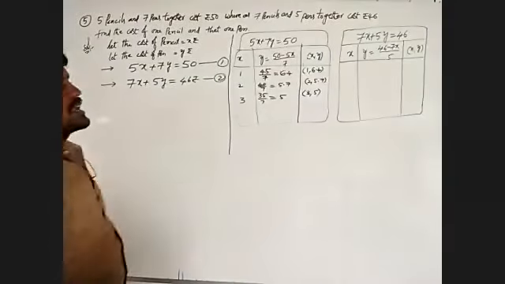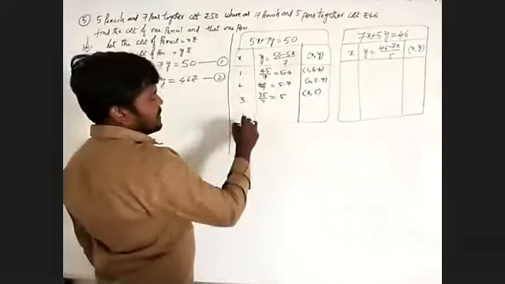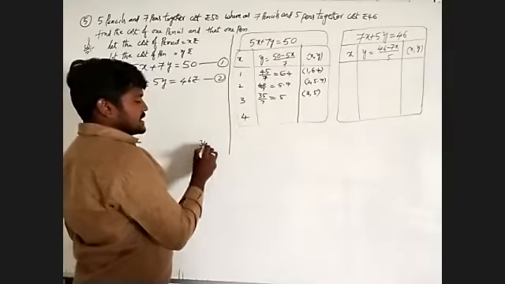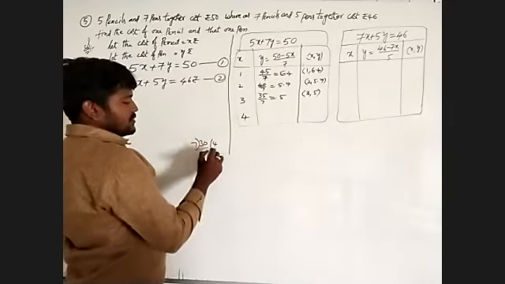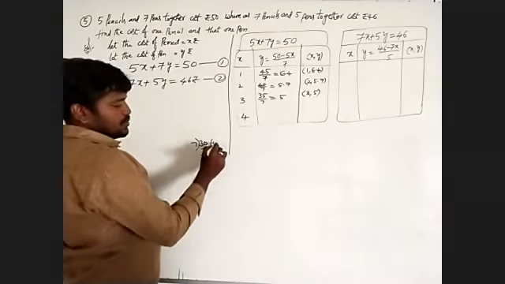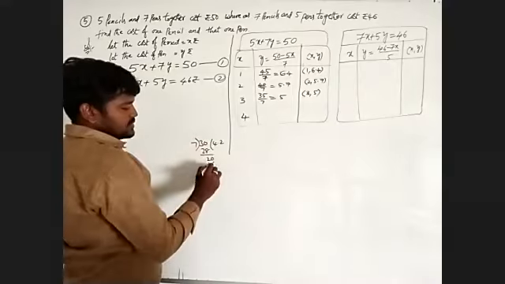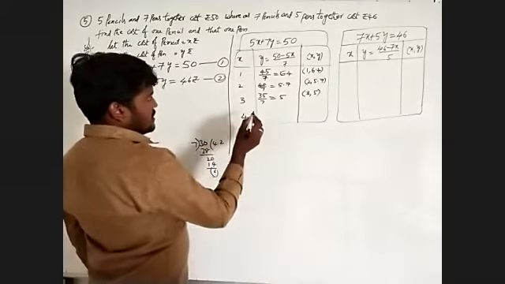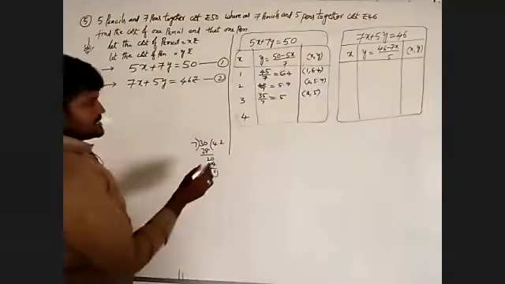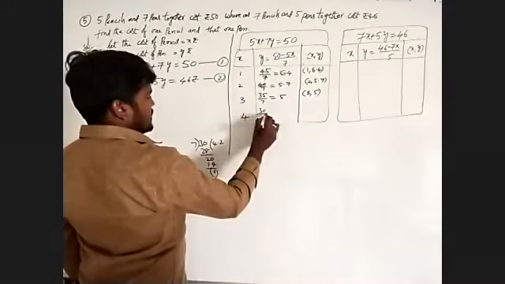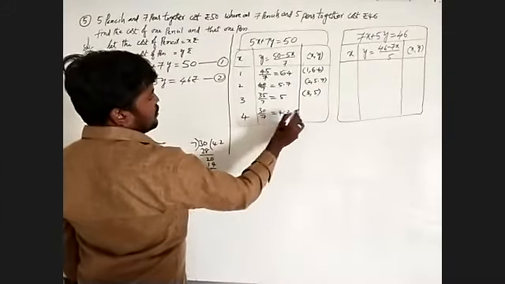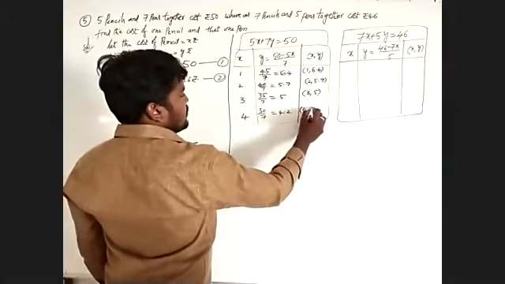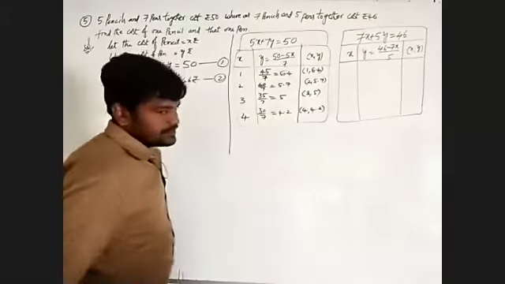After that, let x is equal to 4. 5 fours are 20. 50 minus 20 is 30. 30 by 7 becomes 4.2. The ordered pair 4 comma 4.2 we will take.